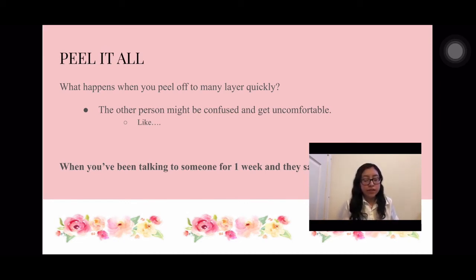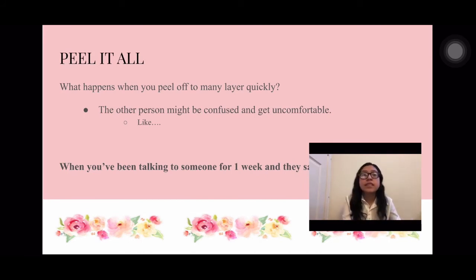And this ties in with the social penetration theory. It all takes time, and usually it takes more than 1 week. I don't think you can say I love you to somebody that quickly because you might scare them away. It takes getting to know them from a really deep personal level for those relationships to start forming.